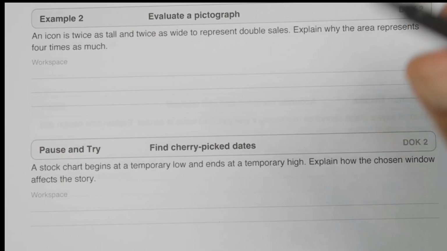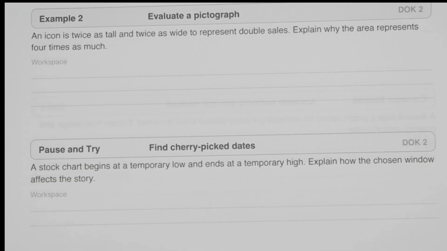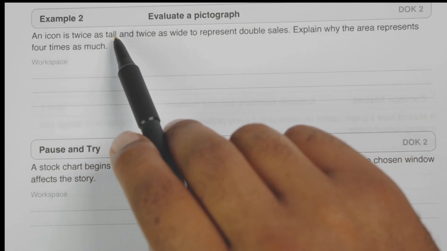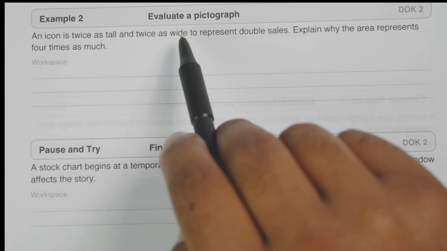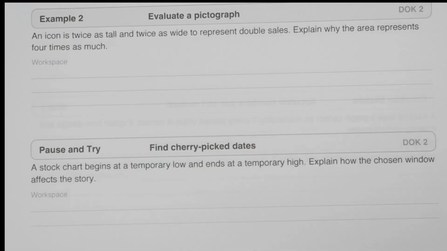Example number two, evaluate a pictograph. Okay. Suppose an icon represents sales, and it is drawn twice as tall and twice as wide to represent doubled sales, right? The problem is that pictures have area, right?